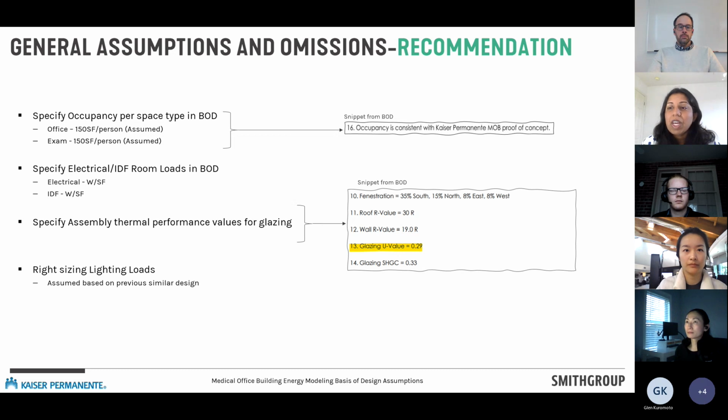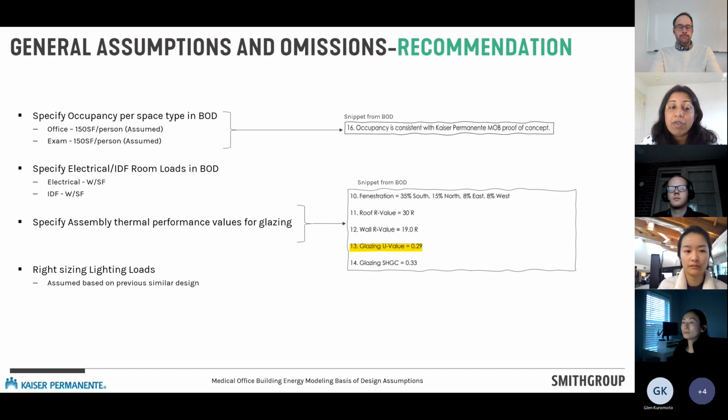Generally, when an energy modeler sees those kinds of spaces, they go towards ASHRAE 170 or how exam rooms would typically perform, and end up with higher loads. If that is not the case, specifying occupancy in the BOD would be helpful.